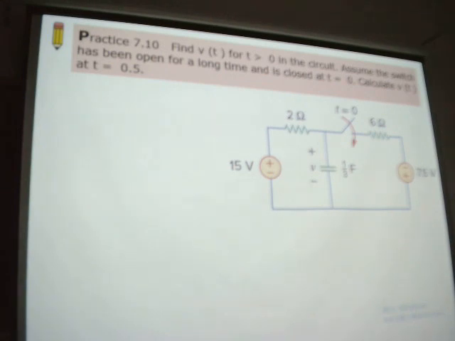But before that, we calculated tau. In the second step, we calculated tau, so it should be RTH times C. What value of RTH? We take this point, and we turn off the independent source.